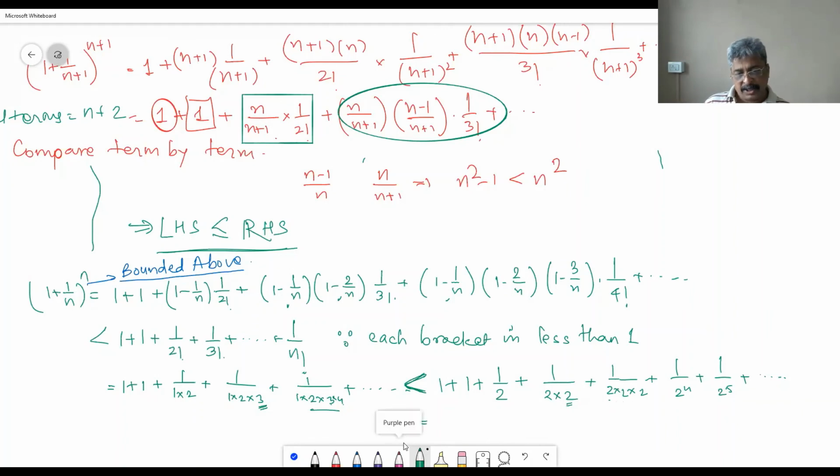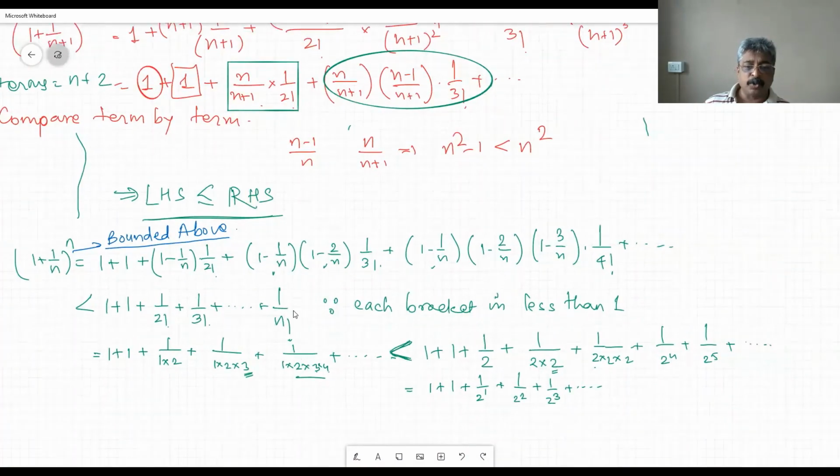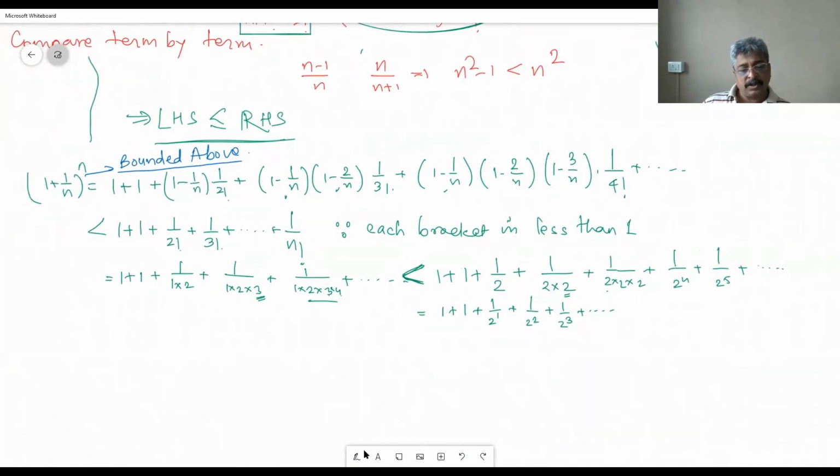And now therefore it is equal to, what is this? This is a geometric progression. 1 plus 1 plus 1 upon 2 plus 1 upon 2 squared plus 1 upon 2 cubed plus dot dot dot. Correct? So this is a geometric progression, and if we start from here, the first term is 1, and the common ratio is half.